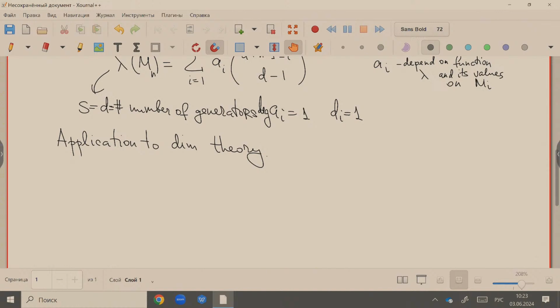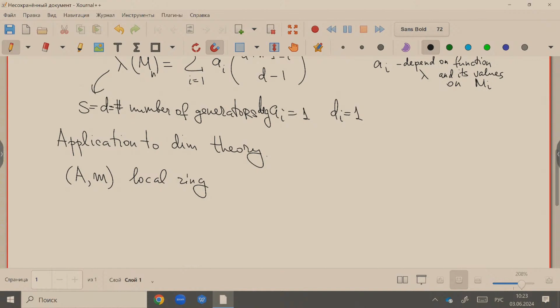Now, the application. We will be interested in the following. We start with a local ring, because dimension we consider in the neighborhood of the point. So, a local ring. What is the filtration?